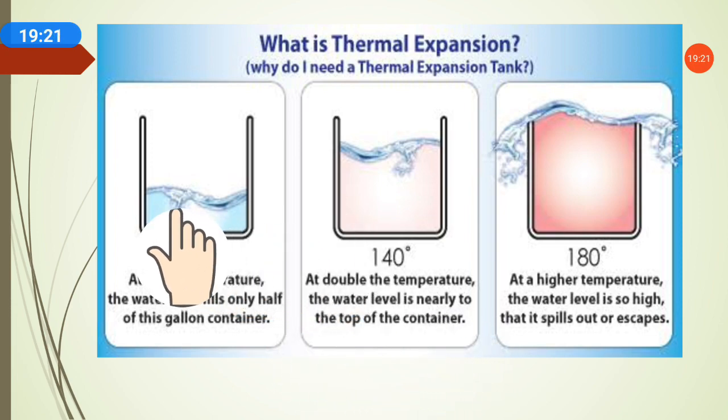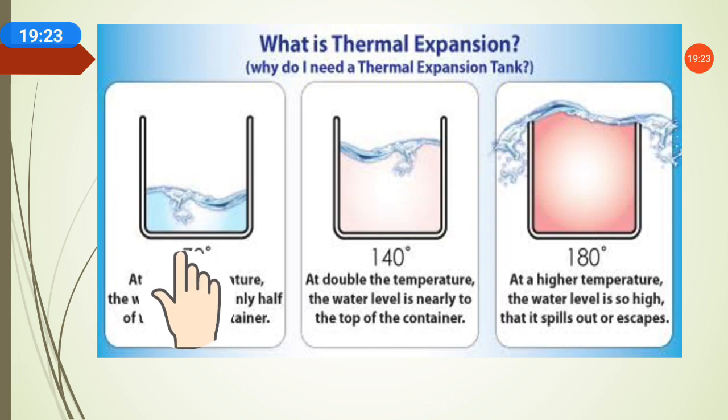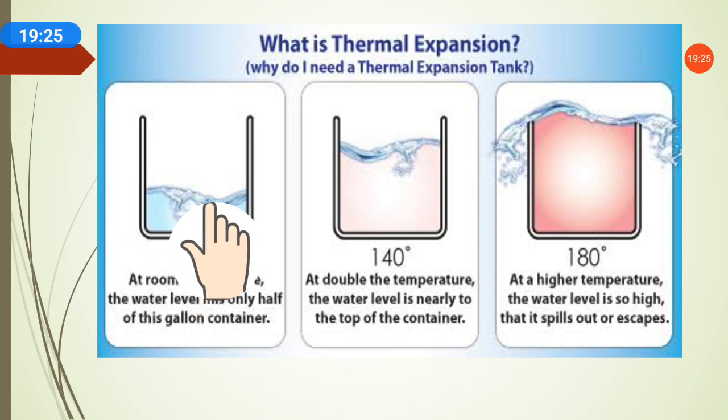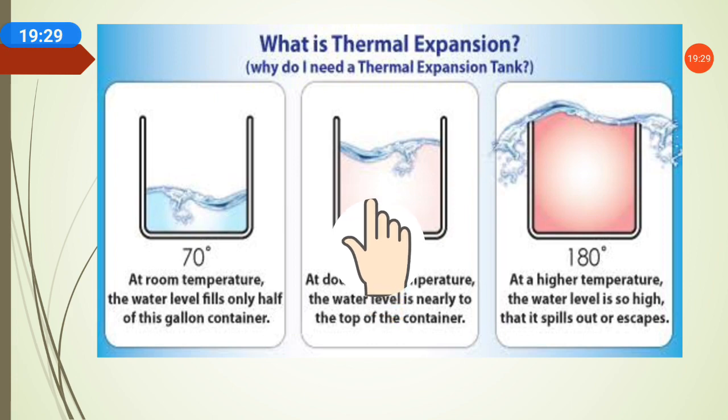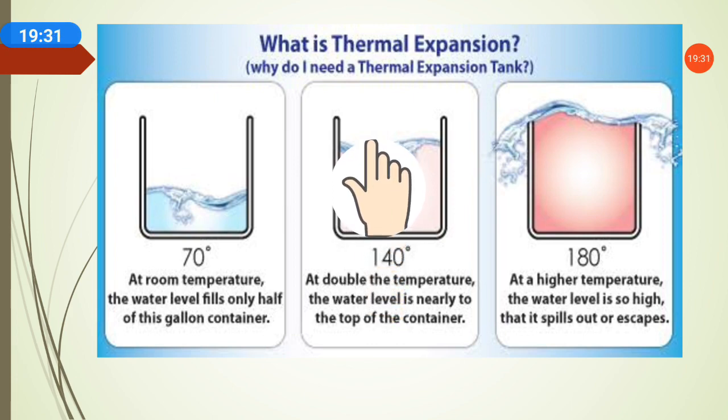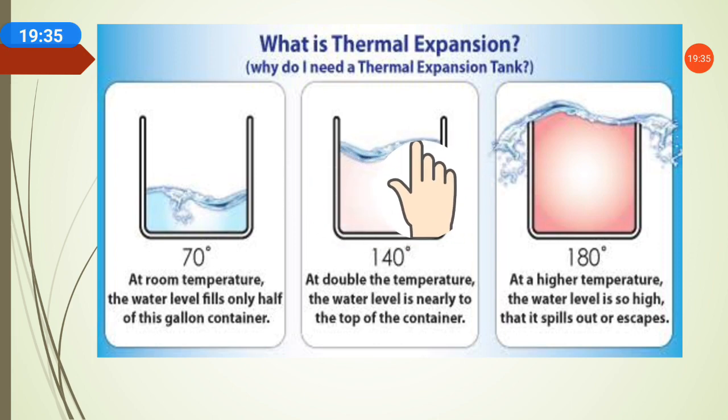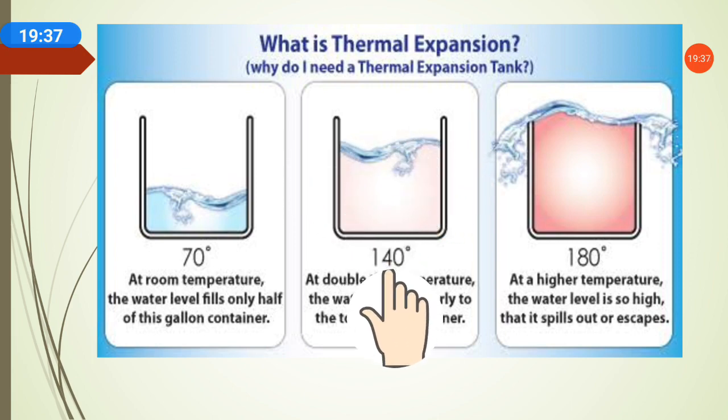Here at low temperature the volume of water is this much, but as you increase the temperature the water starts to expand and reaches that level. This is expansion. It increases the volume on increasing the temperature.